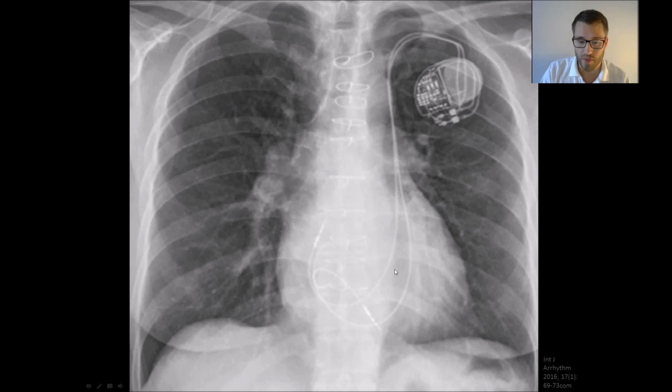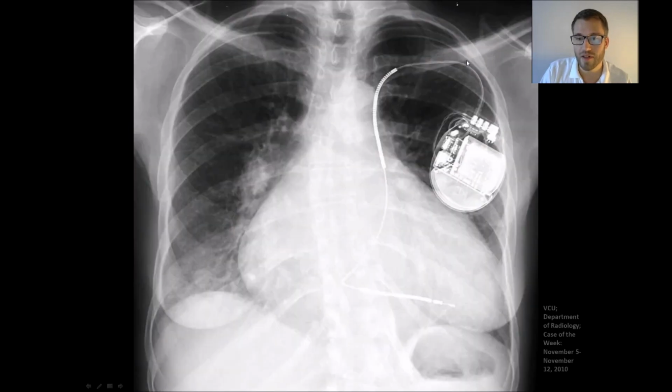So it is possible to get the leads in the right place, in the right atrial appendage and the right ventricular apex. And even with the ICD leads, you can perform this procedure over the persistent left vena cava superior, then coronary sinus into the right atrium, then over the tricuspid valve, and then into the right ventricle.